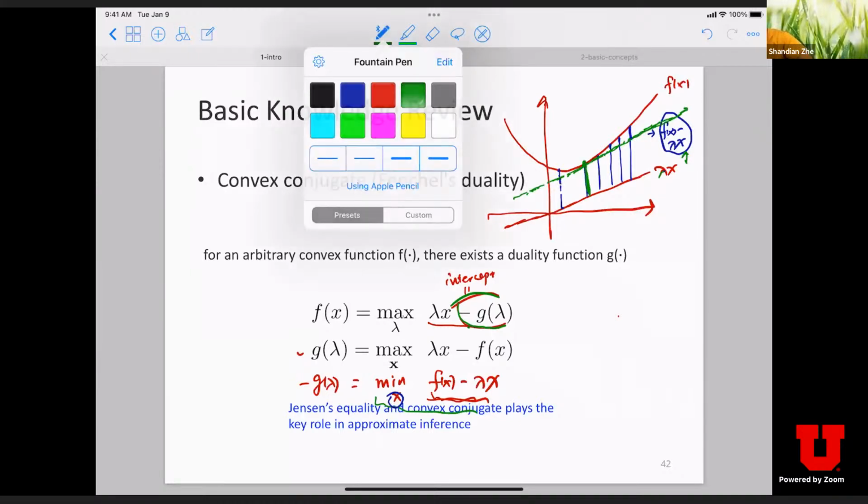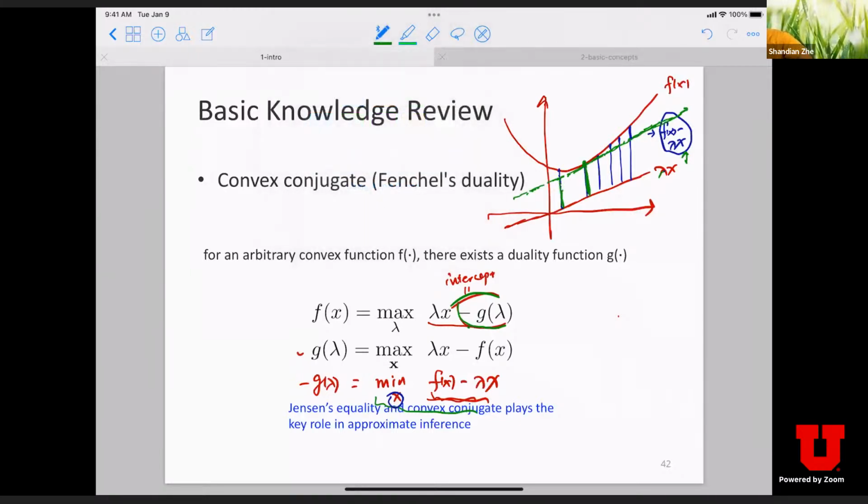You can see that all these green segments have the same length, because you're moving lambda x, this line, in parallel upward. But you need an additional difference to account for the whole difference between f of x and lambda x.